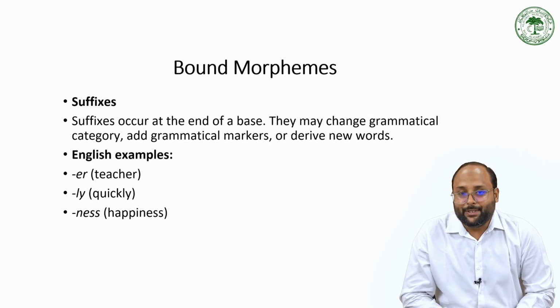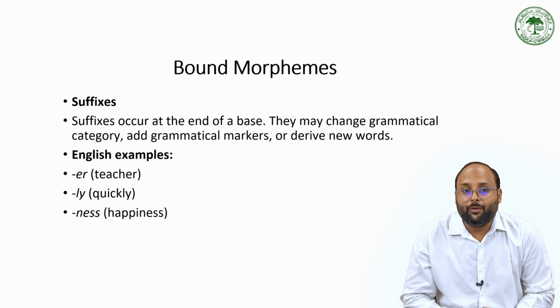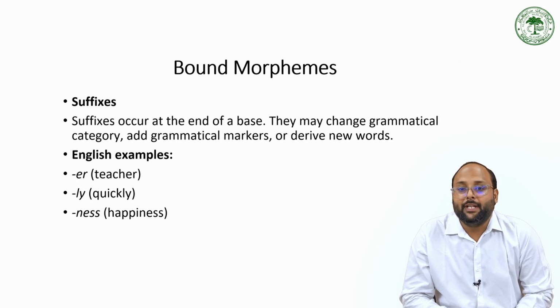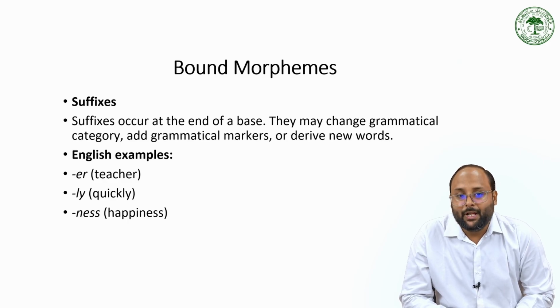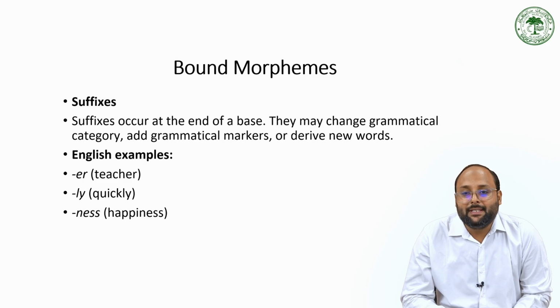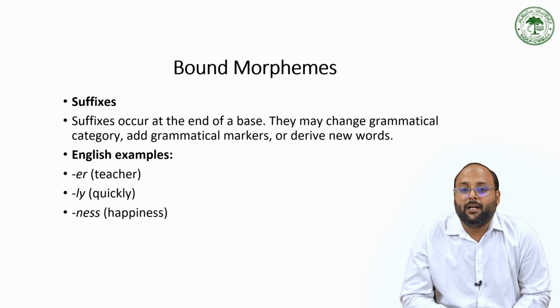Now come to the suffixes. Suffixes are also bound morphemes, and suffixes occur at the end of the base. They may change the grammatical category and add a grammatical marker, or derive new words. Some suffixes can change the grammatical category, which means they can change the word class, but some just change some grammatical information and do not derive new words.